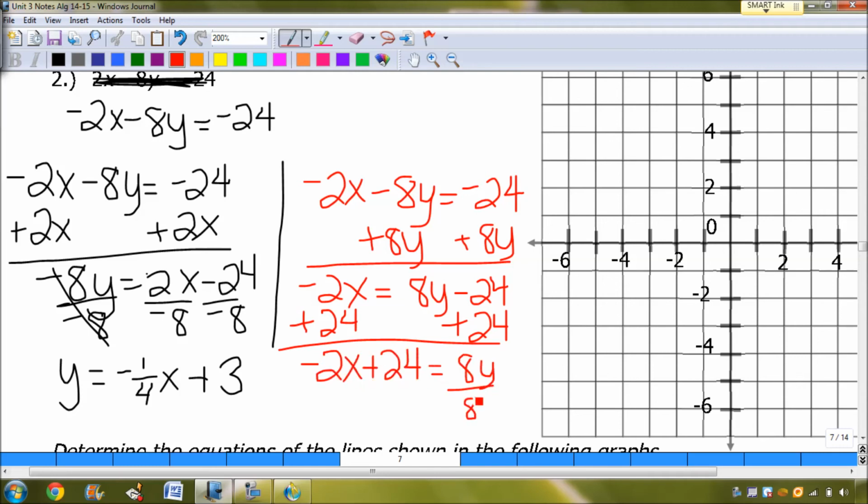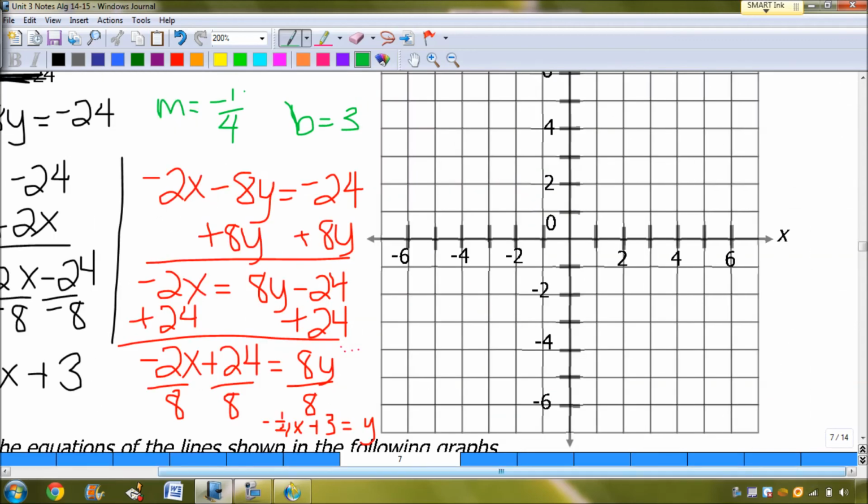Divide both sides by 8, you end up getting negative 1/4 x plus 3 equals y. Again, it's your choice, but the advantage of doing it this way is that you don't have to deal with a negative y. All right, so that means that my slope is negative 1/4 and that my y-intercept is 3.